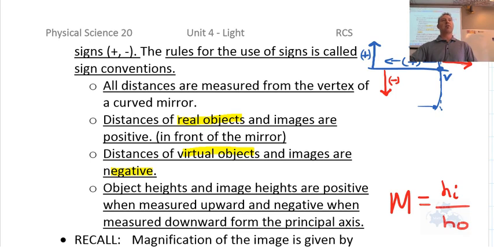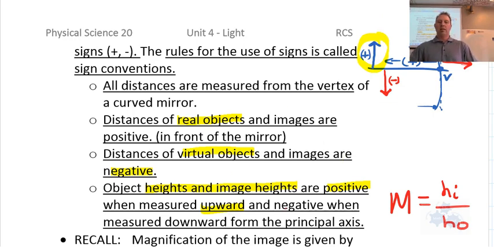So distances in front of the mirror are positive, behind the mirror are negative. Also, the last thing you want to remember here, object heights and image heights are positive when measured upward. So if we're measuring a height like this right here, up from the principal axis in an upright position, those are always positive.